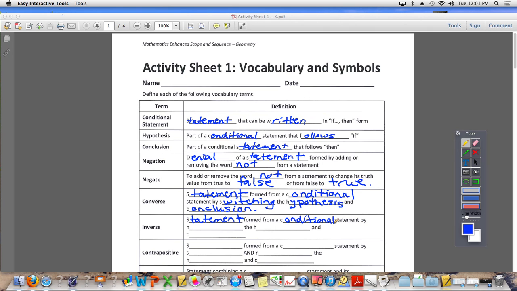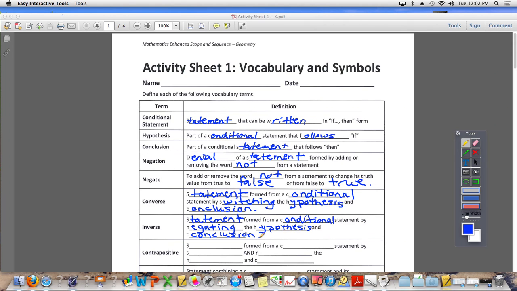By negating the hypothesis and conclusion. The inverse means you don't switch the order. You don't switch around the if and the then, you just negate the hypothesis and you negate the conclusion. That's called the inverse.